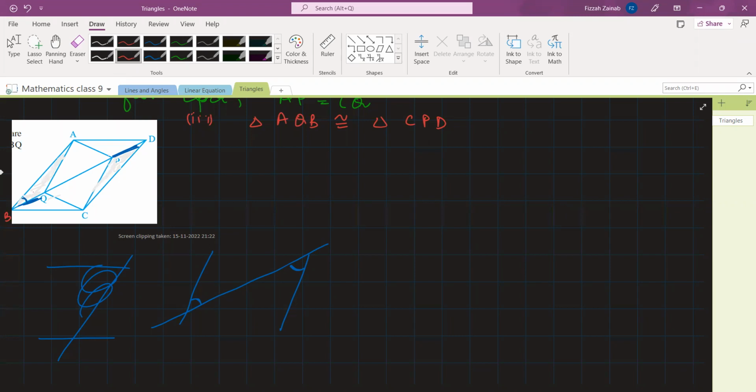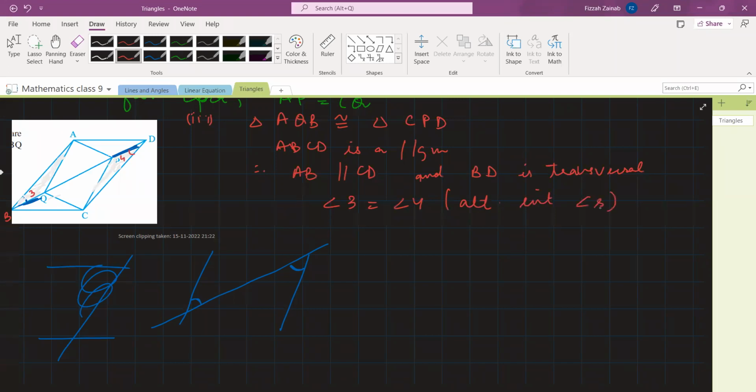If I name it angle 3 and this one angle 4: ABCD is a parallelogram. Therefore, AB is parallel to CD, and BD is transversal if I take. So therefore, angle 3 is equal to angle 4. Alternate interior angles. Understand?